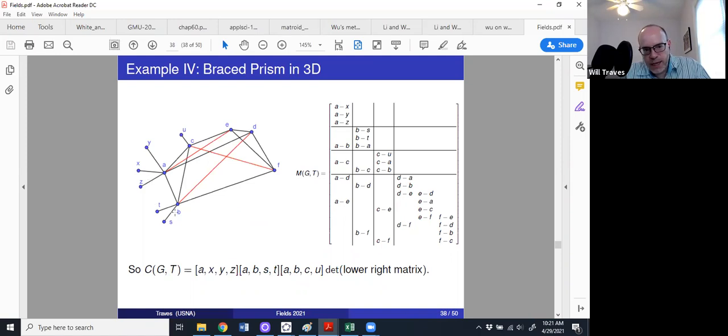We need 6 tie downs in 3 space in order to eliminate the 6 rigid motions. And then we write down the augmented rigidity matrix. And we get something, again, in block triangular form, but unfortunately, it's a little bit tricky.